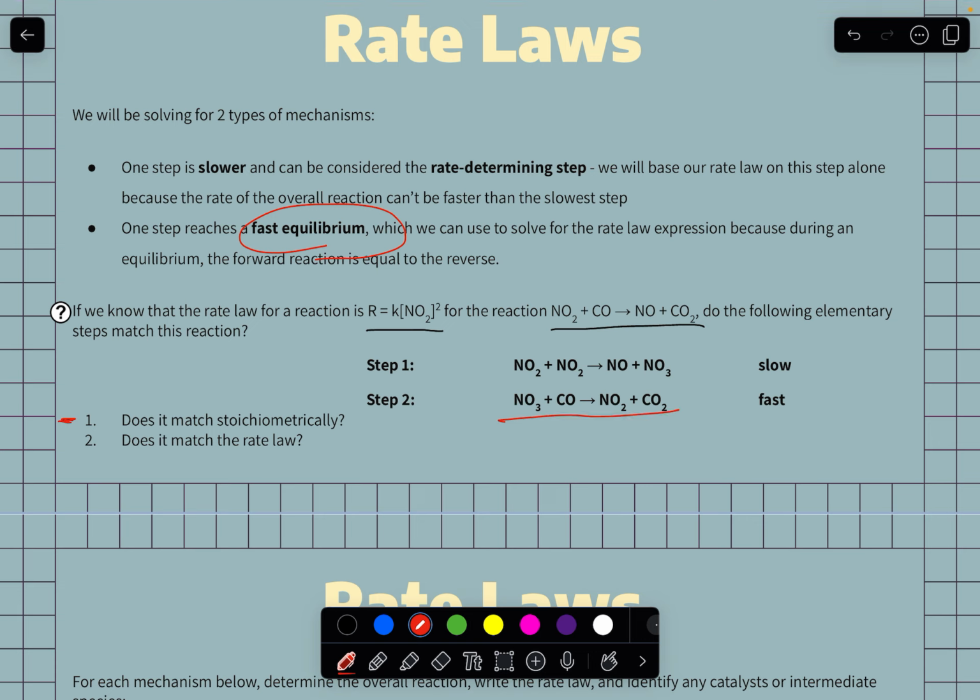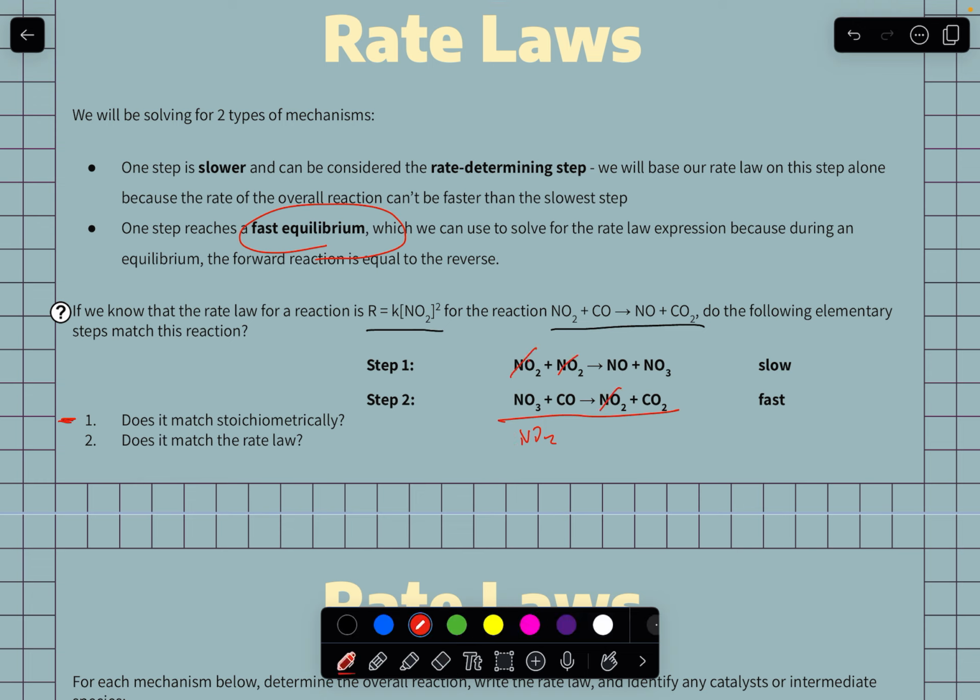So if we just take our steps, if we have something on opposite sides, they're going to cancel out. If they're on the same side, they're going to add together. Okay, so we have NO2, NO2, NO2. We have 3 of those, but one is on the right side. So it's going to be 2NO2 minus the one from the right, just gives us a single one.